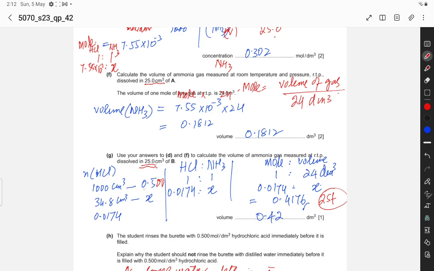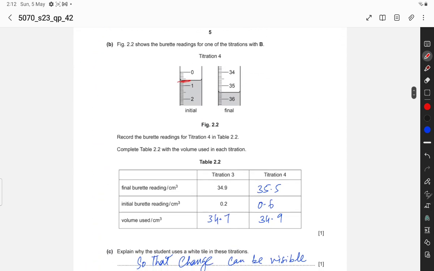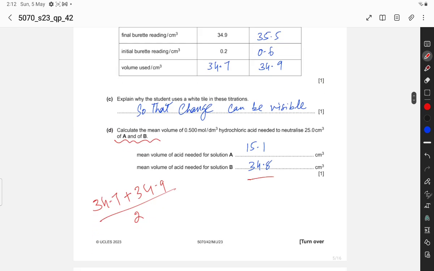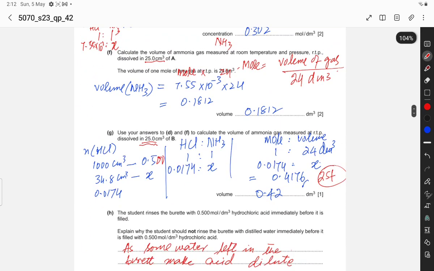So if 1000 centimeter cube has 0.500 mole, then what would be the mole in 34.8 centimeter cube used in experiment B?